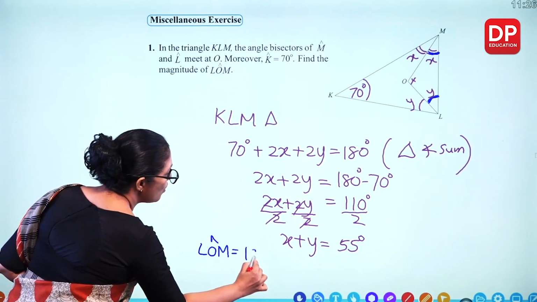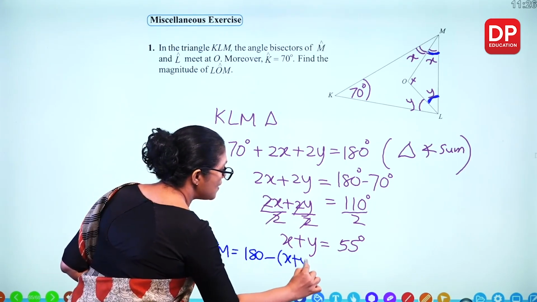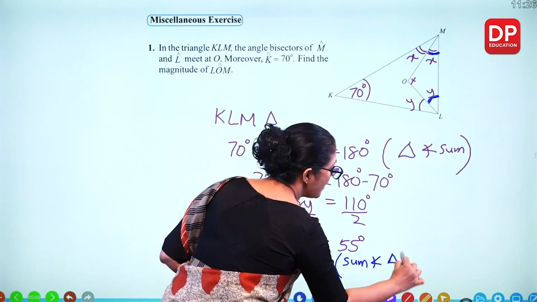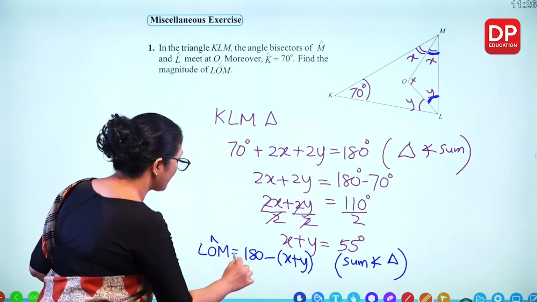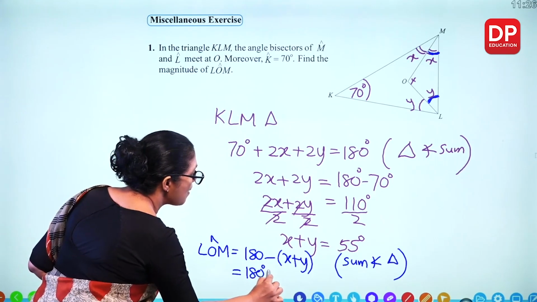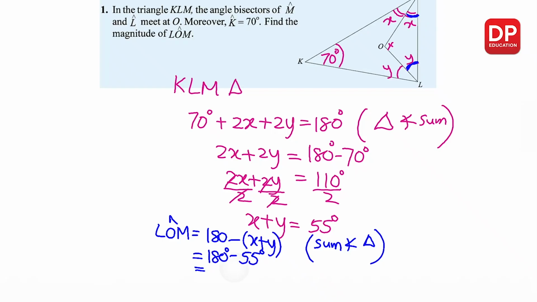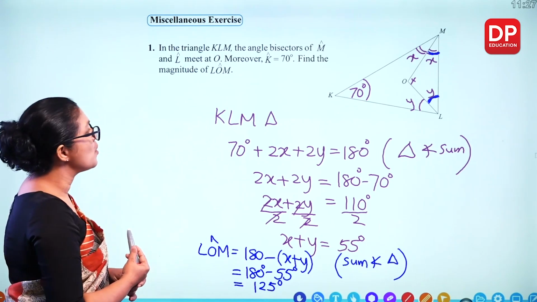That's equal to 180 minus (x plus y), because the sum of angles in a triangle is 180, and MOL is a triangle. So 180 minus 55. What's the value? 125. So LOM is 125.